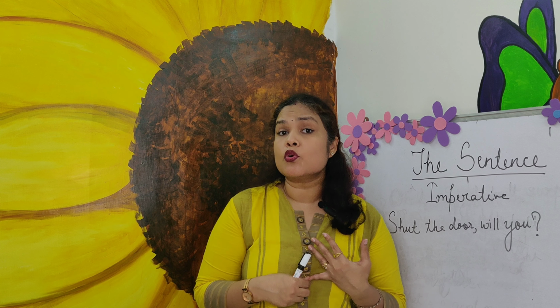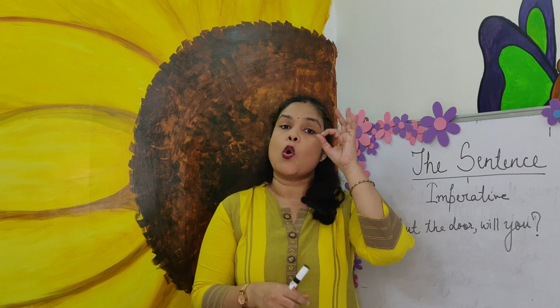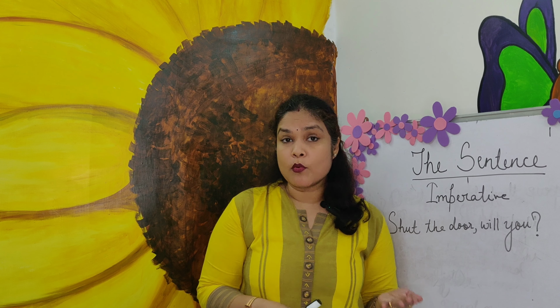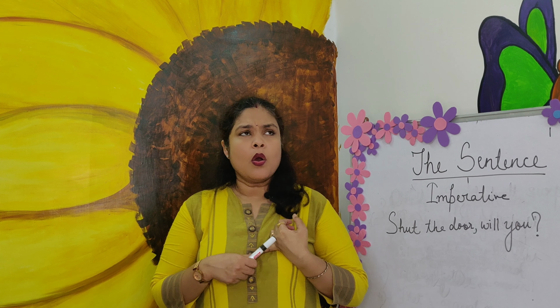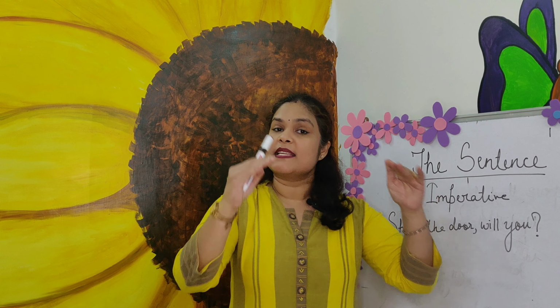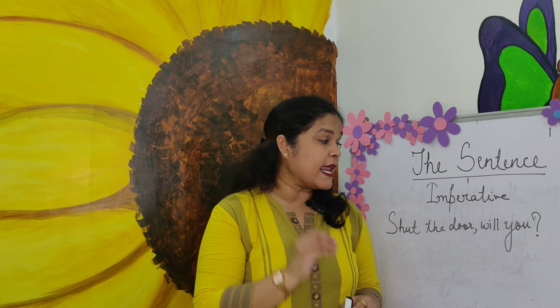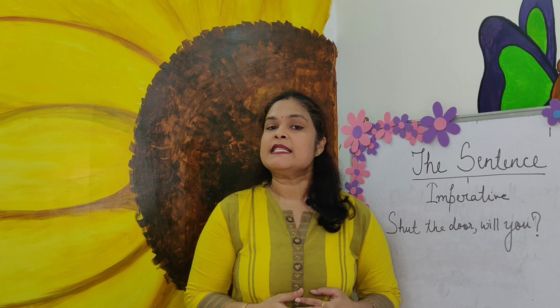It is not showing any emotion, it is not giving you any advice. Third is the exclamatory sentence. It will always end with an exclamation mark. It is showing you an emotion, a heightened range of emotions that we spoke about. And when it comes to an imperative sentence, you need to think, is it giving me an order, or an instruction, or maybe trying to give me advice? Based on that, you can categorize which kind of sentence it is.